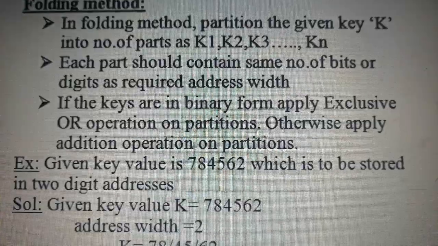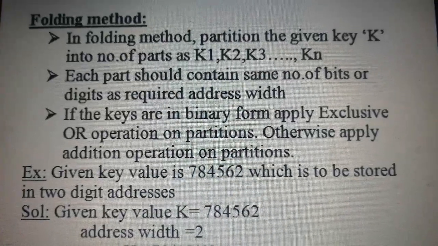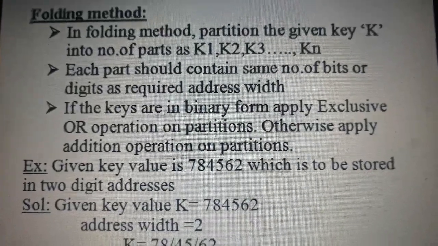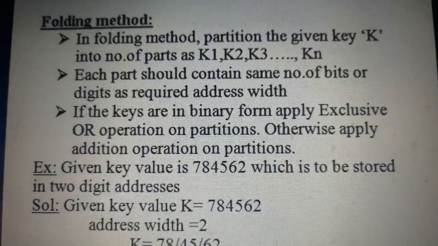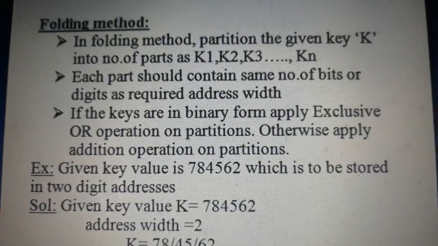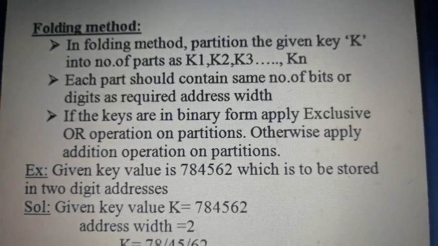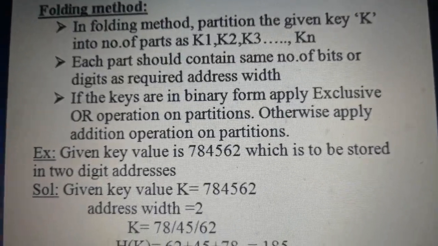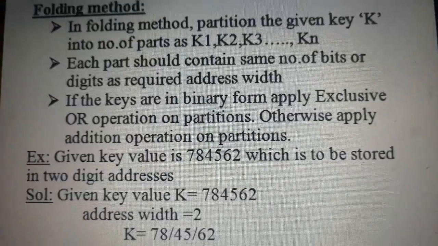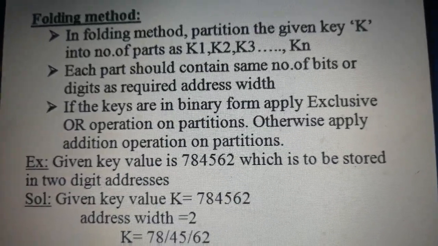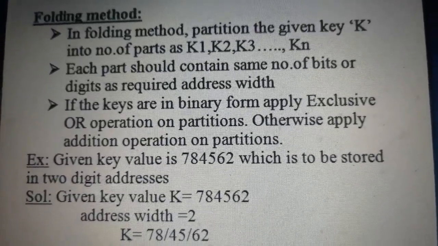We say bits because in some cases we use binary numbers, and then each key must have an equal number of bits. When we take an integer number, each key must have an equal set of digits.